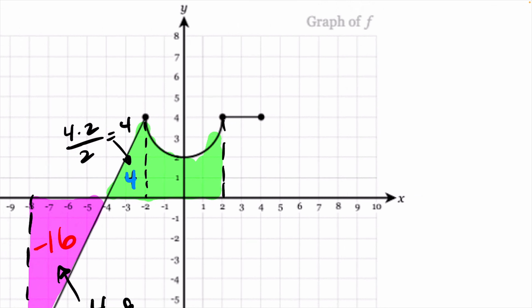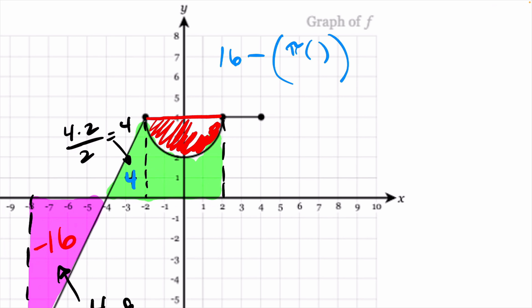So let me write this down. And now I'm going to find the area of this red right here. That's a half circle, right? So what's the area? Pi times r squared, over 2.